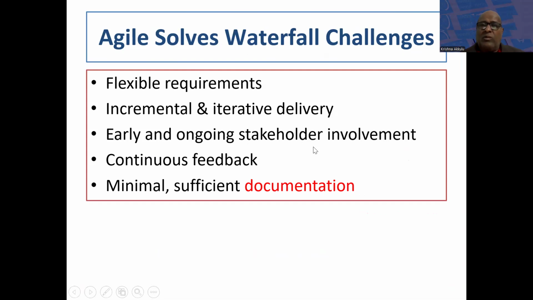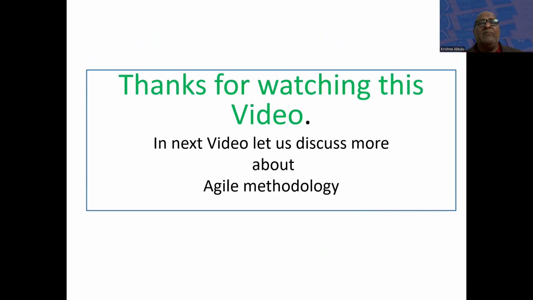Stakeholders are involved early and throughout the project. They will be coming and checking how the project is going, right? There is continuous delivery and minimal, sufficient documentation, with no bundles of documents here. The documents are very limited.